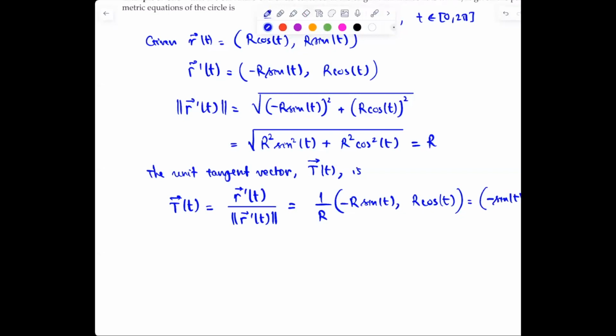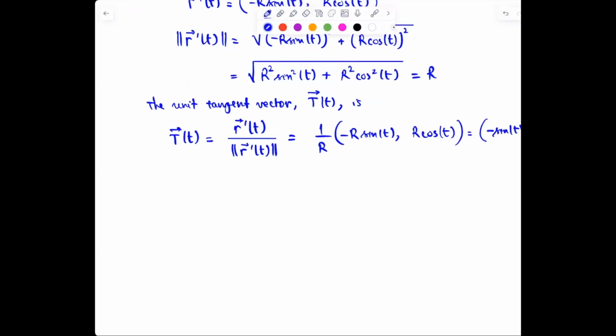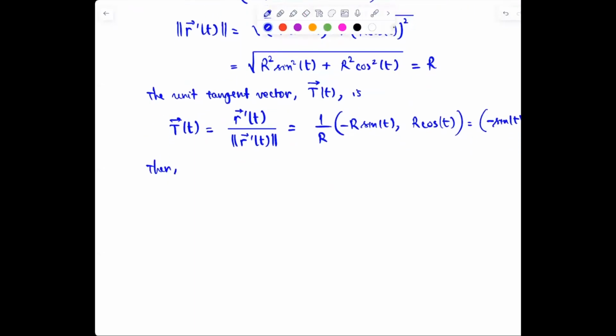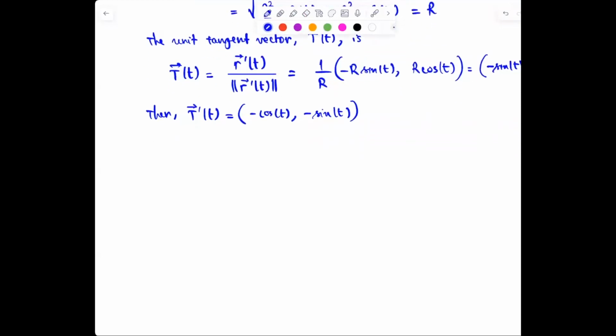Then we find the derivative of the unit tangent vector. So T prime of t is equal to negative cosine of t, comma negative sine of t. The next step is to calculate the magnitude of the derivative of the unit tangent vector.